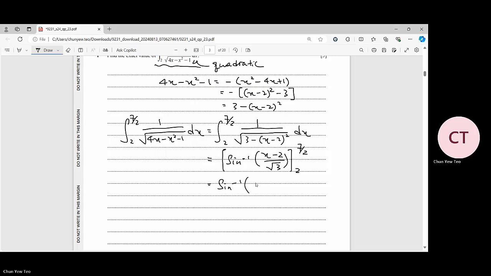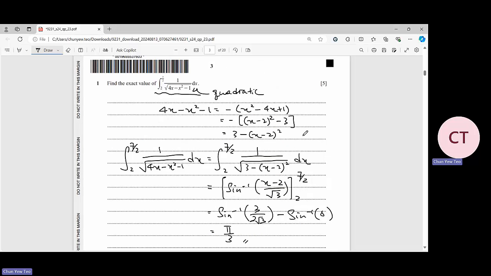Substitute in, you get arcsine of 3 over 2 over 3, minus the arcsine of 0. Just press the calculator and you can get the answer in terms of radians. It will be pi over 3. Just like that, done. This will be the answer for question number 1.